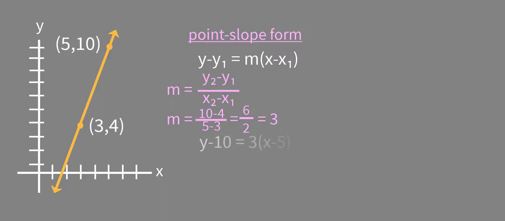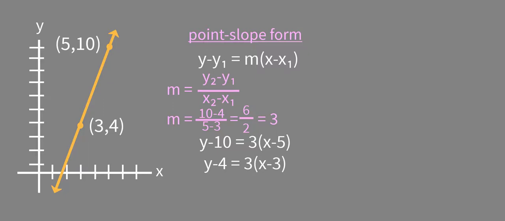So y minus 10 equals our slope that we just determined, 3, times x minus 5. Or if we use the other point, y minus 4 equals 3 times x minus 3.